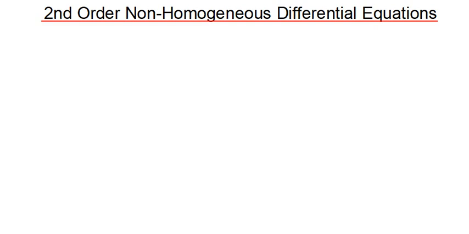Okay, so the idea of a non-homogeneous differential equation is that it's just a differential equation in the form, let's say you have a constant a d2y/dx2, plus b dy/dx plus cy is equal to f of x. So I believe this rings a bell.